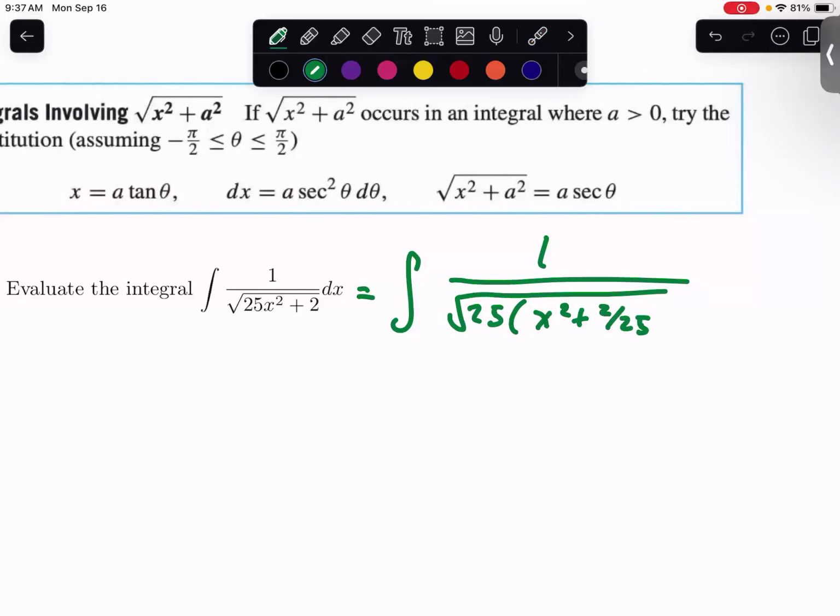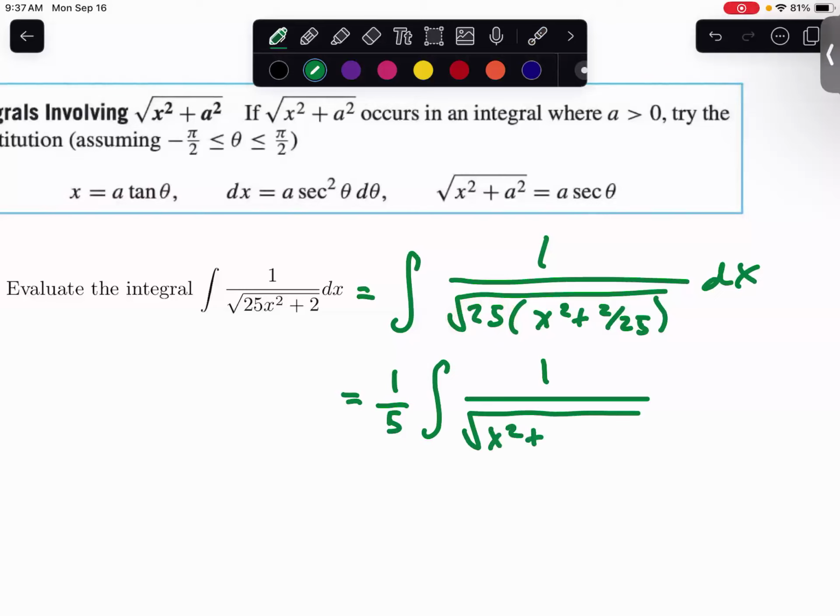You can see the a is going to be pretty wonky in this case. dx. And then from here, you can pull out a 5 from the square root. So this is the same thing as 1 over 5 times the integral of 1 over the square root of x squared plus 2 over 25.